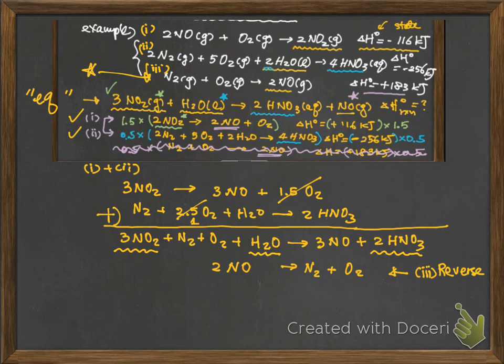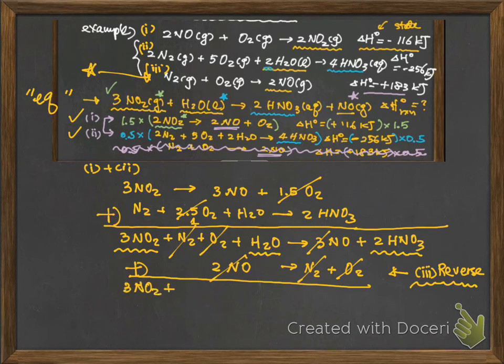And if I do it this way, I will add them together, and this 2 nitrogen goes away, and this nitrogen oxide goes away, and we will get the final equation as we need it. So the third equation should be a reverse of what we do, and finally we'll get 3NO2 and H2O water becomes nitrogen monoxide and 2 times HNO3.